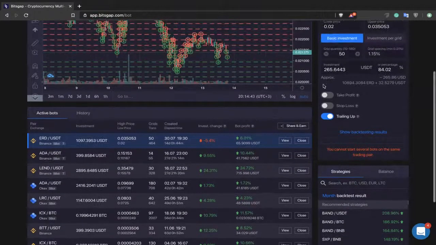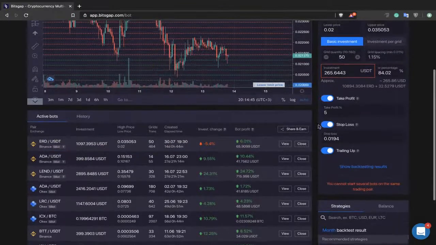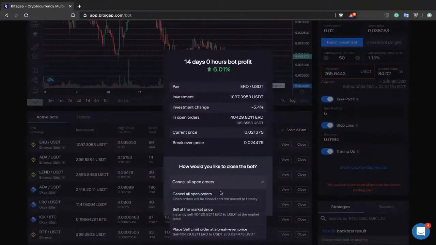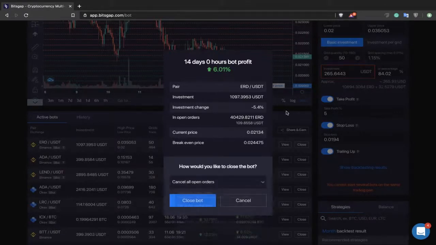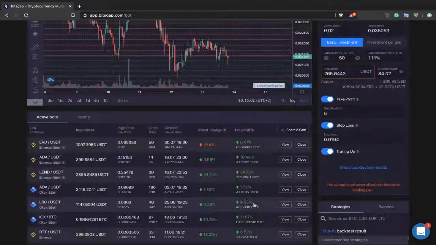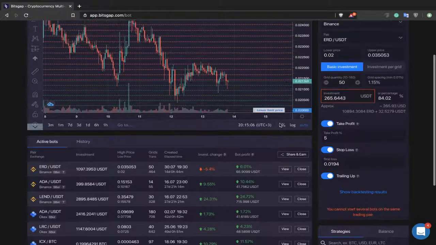Five exit strategies: take profit, stop loss, cancel all open orders, that's the third one. The fourth one is to sell at the market price, and the final one is to sell at the break-even price. So I think that's enough of the instruments for you to choose, based on which you want to exit from the market.